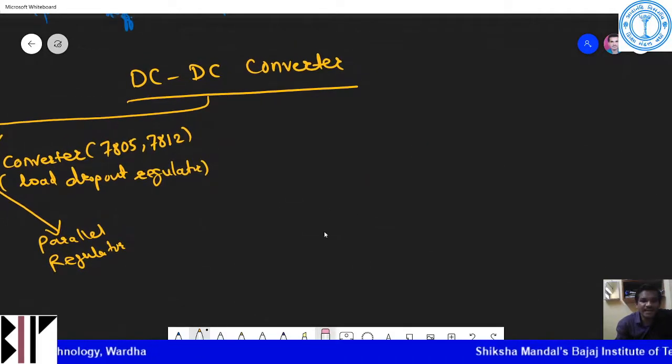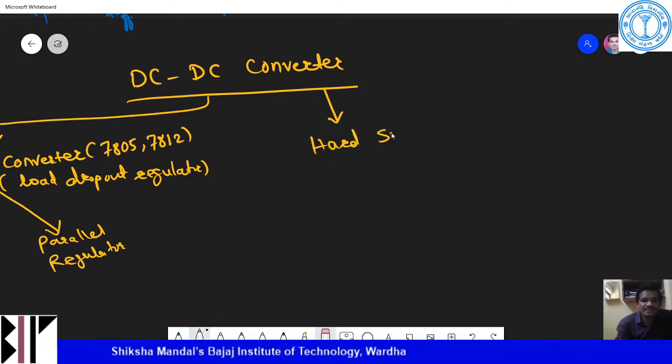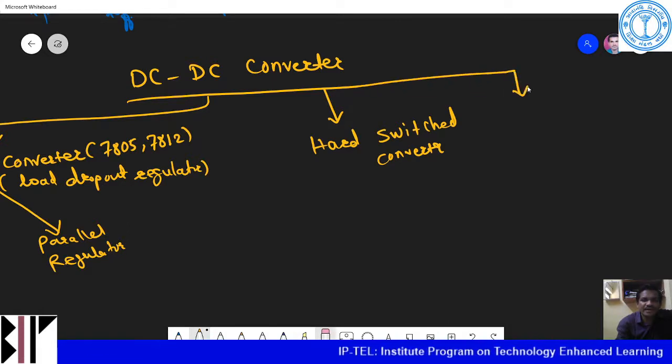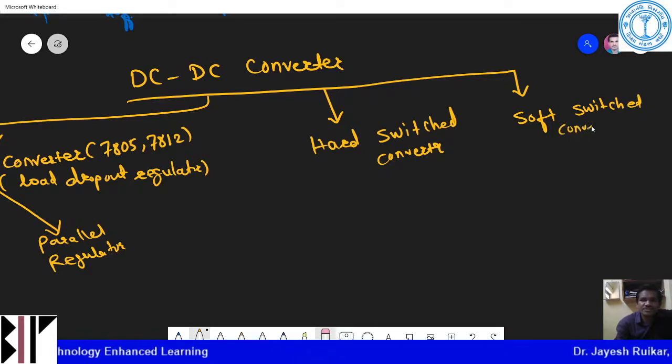And then we have the second, that is the hard switched converter, and then the soft switching or switched converter.